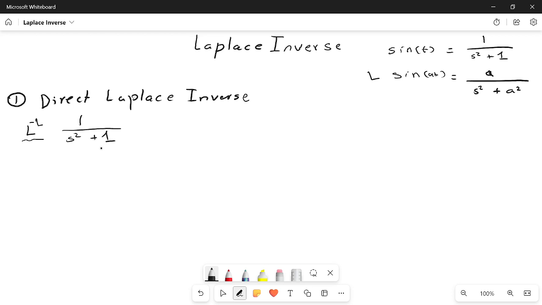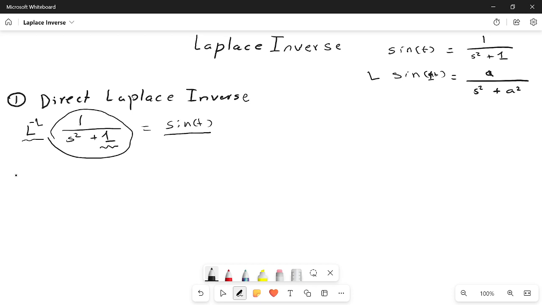Since this part is 1, then we find that a, or the gain, is also 1, so it's sine t. Now the Laplace inverse of 1 divided by s squared plus 1 equals sine t. So we took the equation in the s domain and turned it into the equivalent in the time domain.